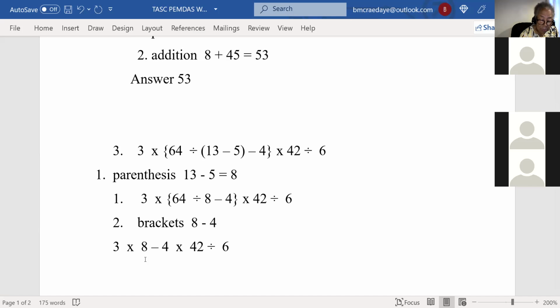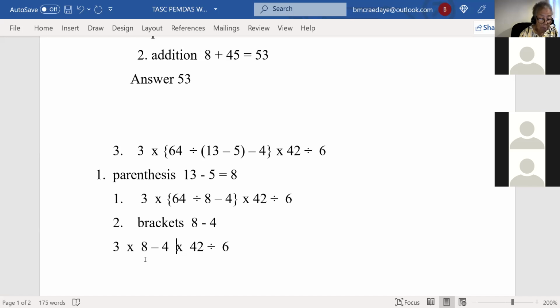Okay, so we took our brackets out and we had 3 times... Let's see, 3 times 4.